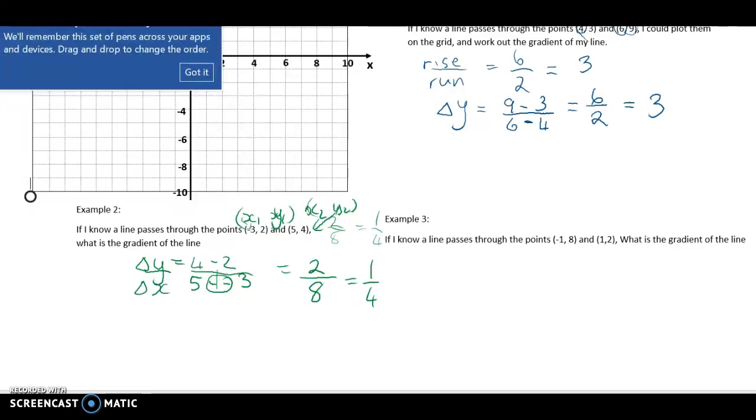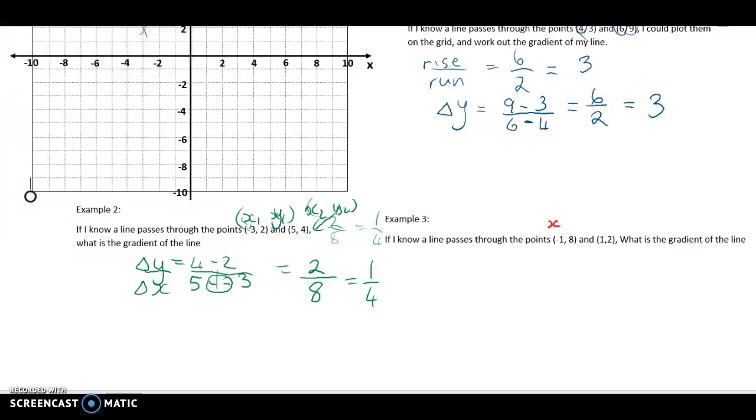I'm going to be doing the example in red now. I am first of all going to do it just using our change in y over change in x.